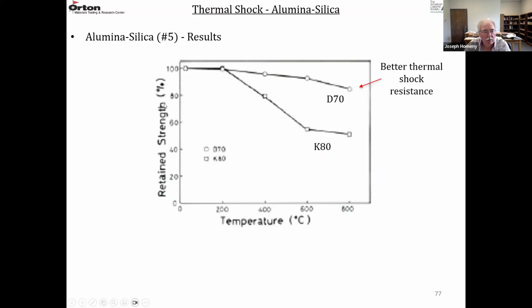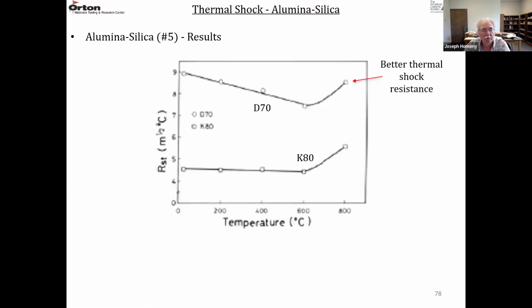And so the percent retained strength versus temperature, this is 100%. So it looks like D70 lost about 10% of its strength, and then the K80 lost about 50% of its strength. So based on retained strength, you would say that the 70% alumina fared better during the quench test.